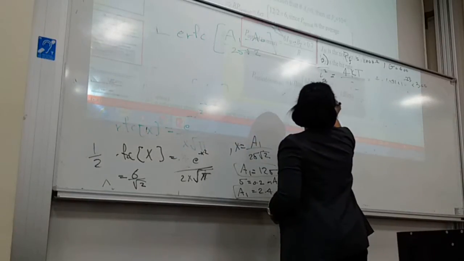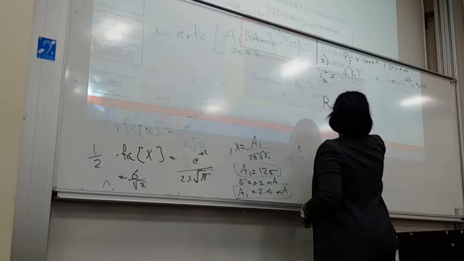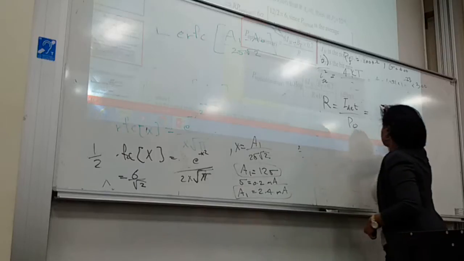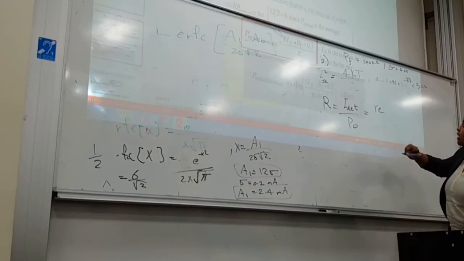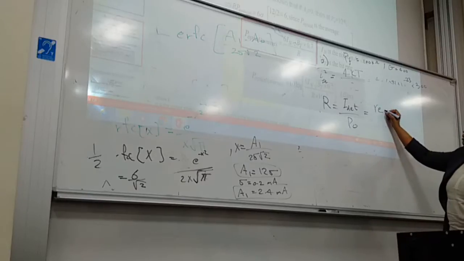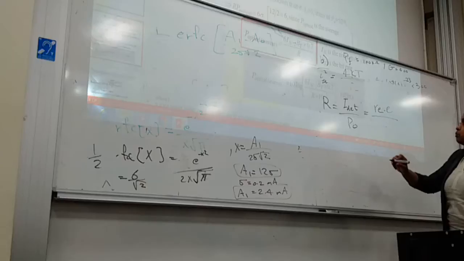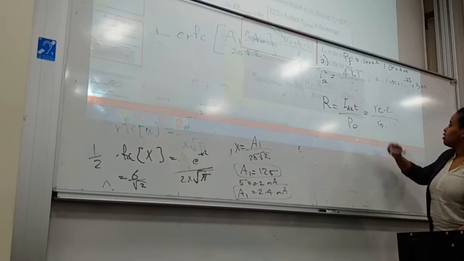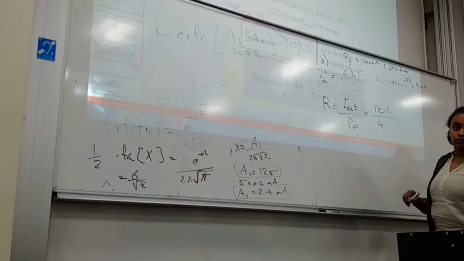And responsivity is the detector current over the optical power. The detector current can be given as the rate of the electrons multiplied by the electron charge, and the optical power is given as the rate of photons multiplied by the energy of a single photon.